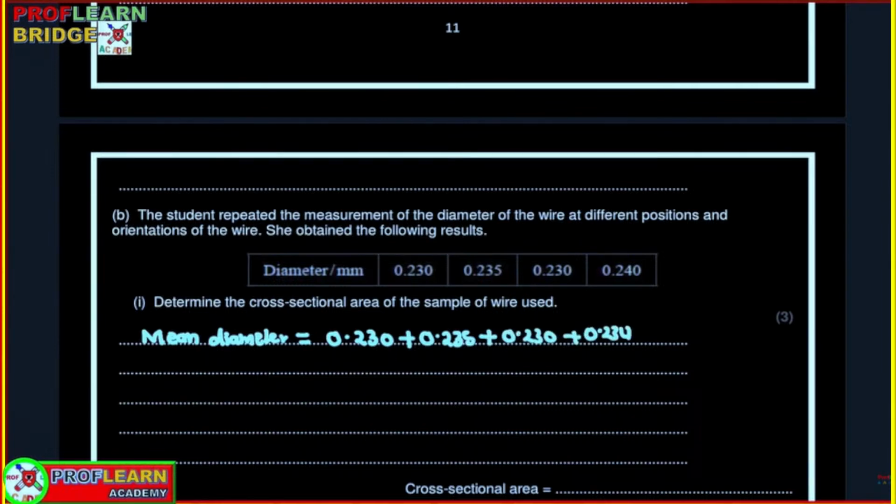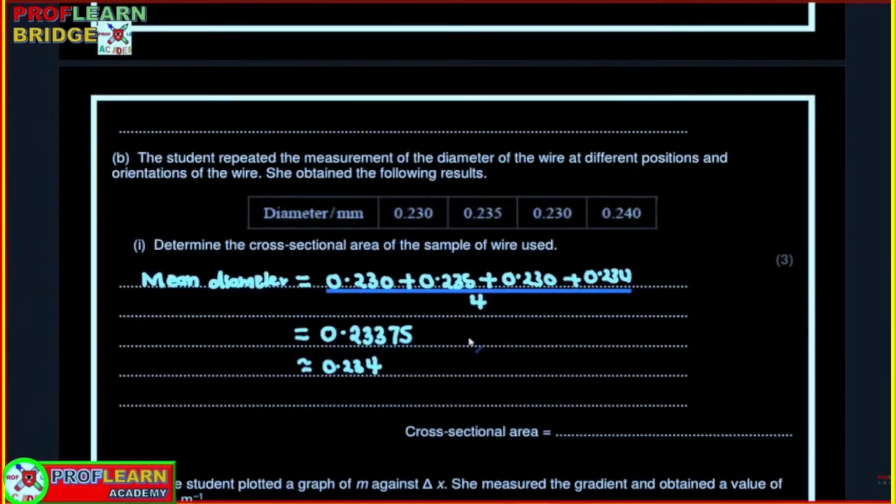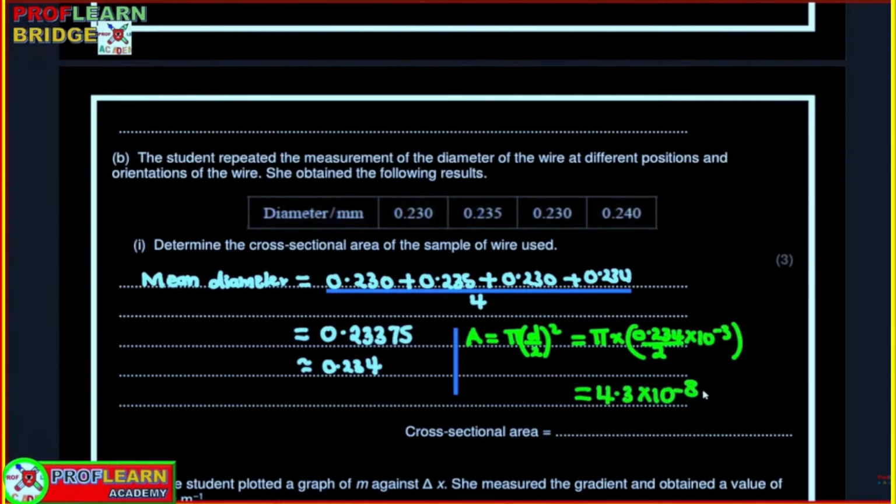Since we have 4 samples, we divide here by 4, and this translates to around 0.234. Then area equals pi d over 2 squared. Substituting the values, we get the area as 4.3 times 10 raised to the power -8 meters squared as the area of the sample.